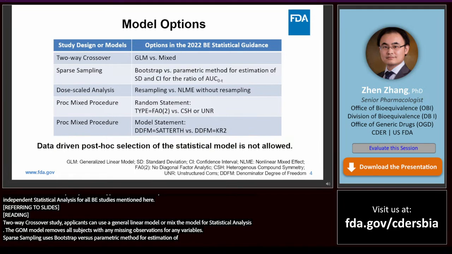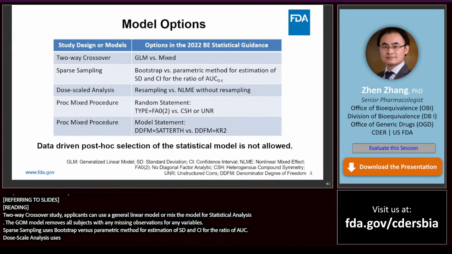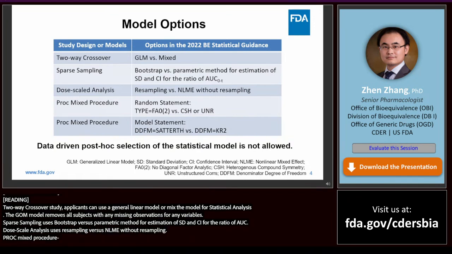Similarly, for sparse sampling, applicants can choose bootstrap or parametric methods for estimation of standard deviation and the confidence interval for the ratio of AUCT. For dose-scaled analysis, applicants can choose resampling or nonlinear mixed effect model without resampling.